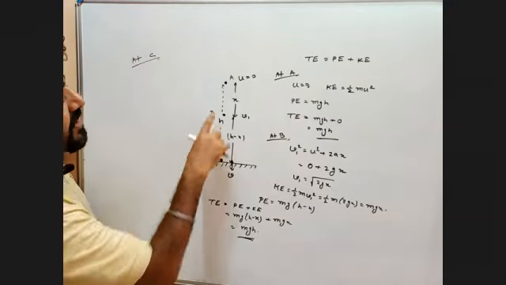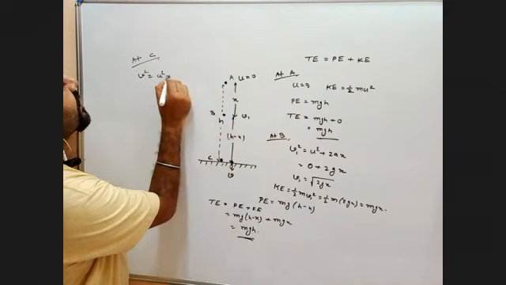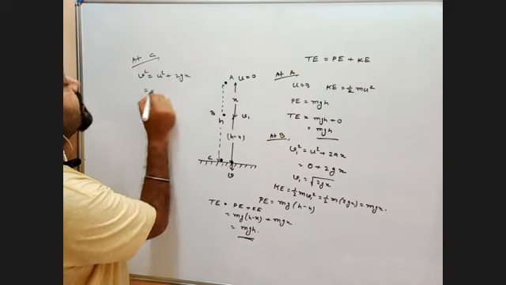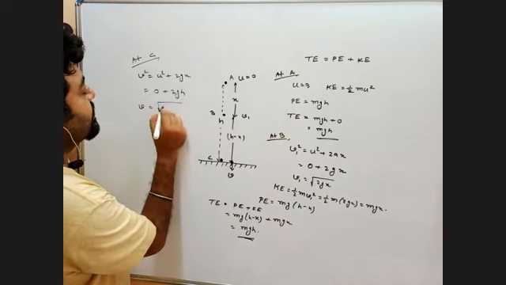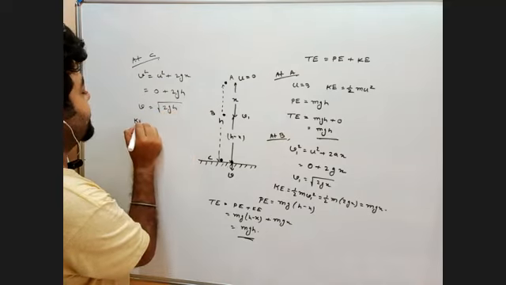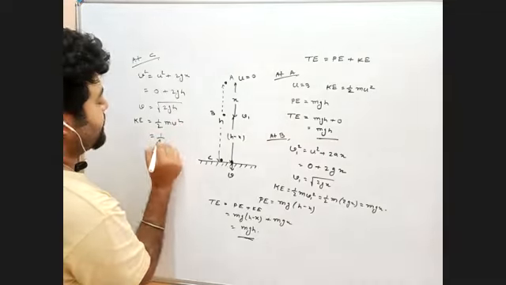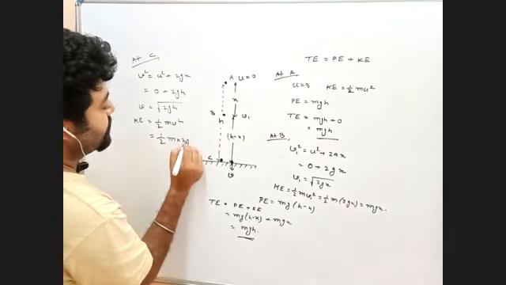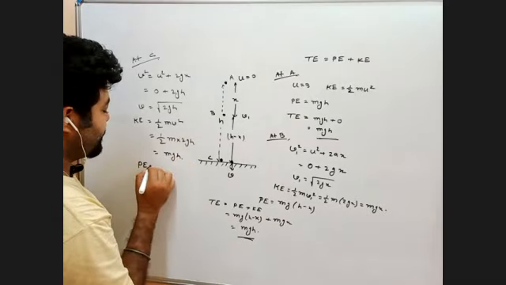So at A the total energy is mgh, and at B the total energy is mgh. At C, how much distance is traveled? h. So v square equals u square plus 2gh, with initial velocity 0, so v equals root under 2gh. Kinetic energy is half mv square, half m into 2gh, that is mgh, and potential energy is 0.